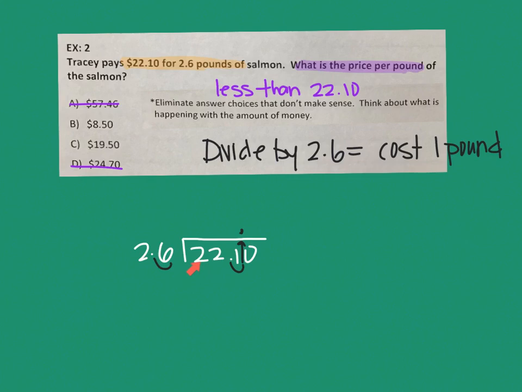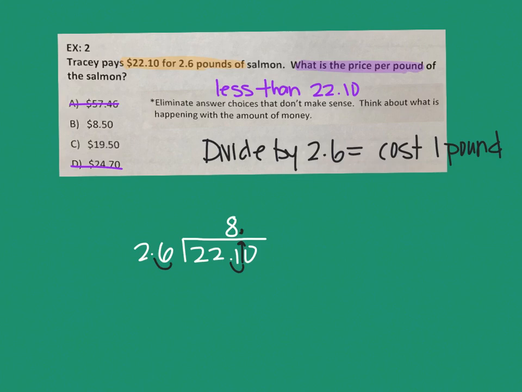And I'm trying to get up to 22 or 221. If I look at my answer choices, it's either going to be an 8 or a 1. I know for sure 26 is going to go way more than just one time into this. So I'm going to put in 8.